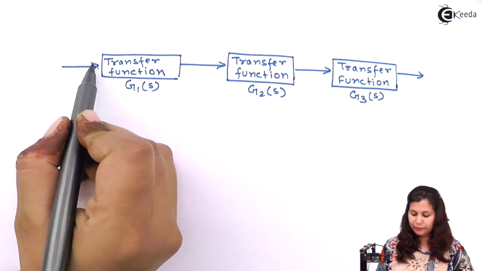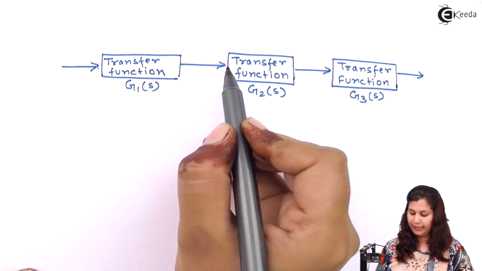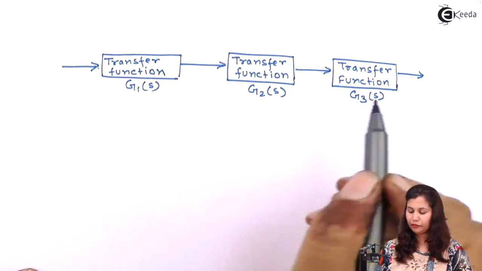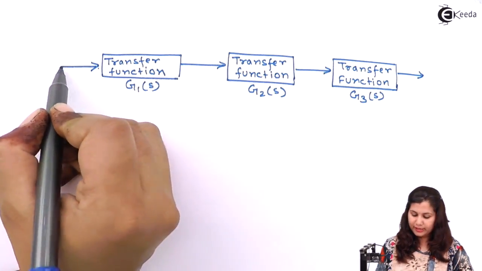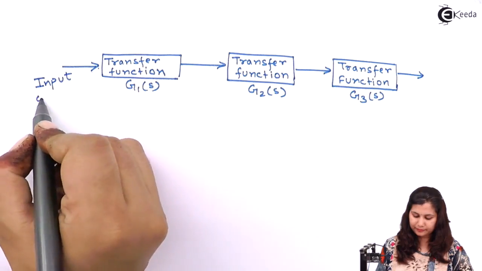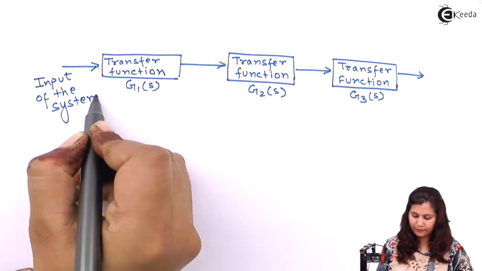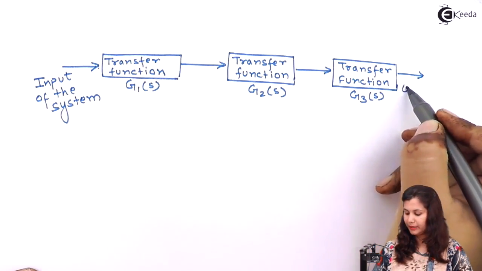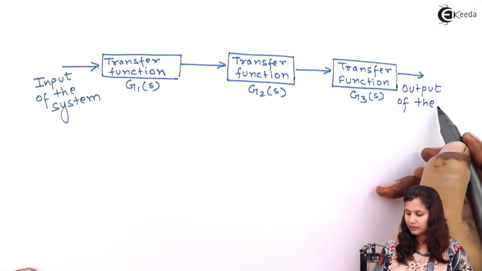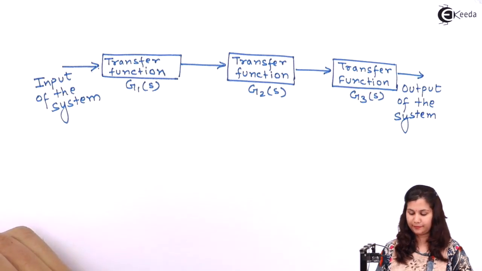Now this is the input of the first component and this is the output of the first component, and this output will become the input for the second component. Similarly for the third component. So this arrow will become the input of the system. And this outward arrow will become the output of the system.